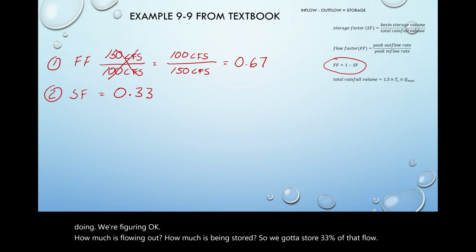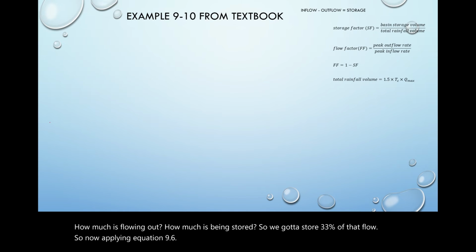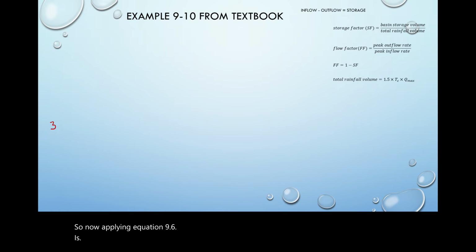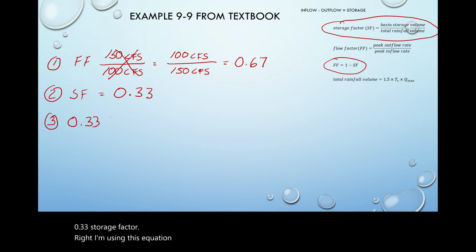So now applying equation 9.6, I'm sorry, I didn't mean to do that. So 0.33 storage factor, right? I'm using this equation right here, equals basin storage volume, that's what they're asking, divided by total rainfall volume.